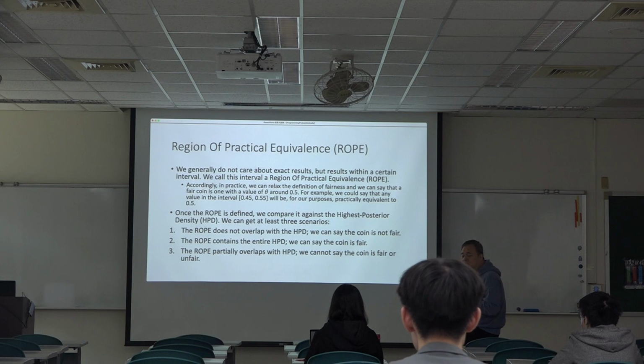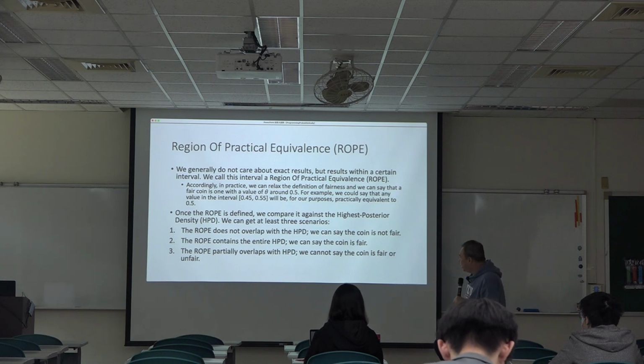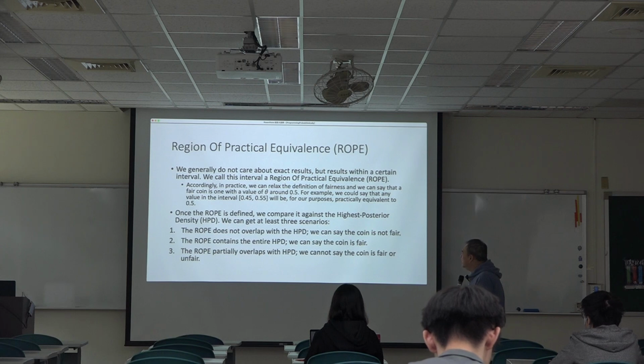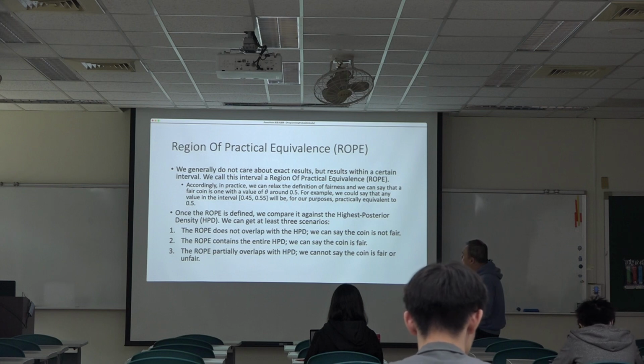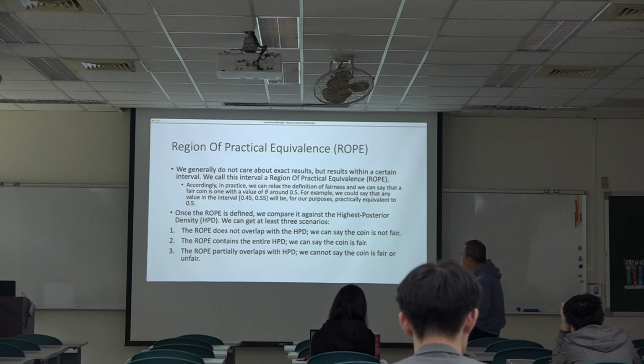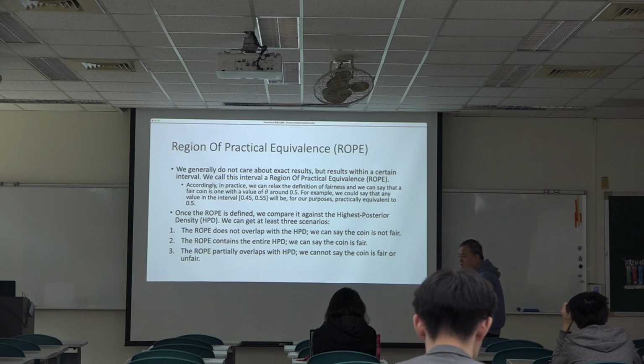This ROPE is a concept that is used in Bayesian data analysis very often. So what is this? We generally do not care about the exact results, but the results within a certain interval. We call this interval the region of practical equivalence.